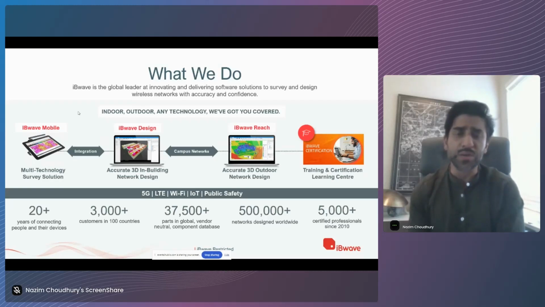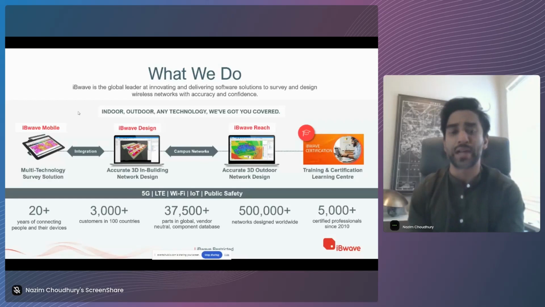So we've been around for 20 plus years. We have thousands of customers worldwide. And something we really focus on is partnering with equipment manufacturers. So looking at Ericsson's and CommScope's and Corning equipment, making sure that they're properly modeled so that they could be simulated in a digital twin environment inside your building as well.